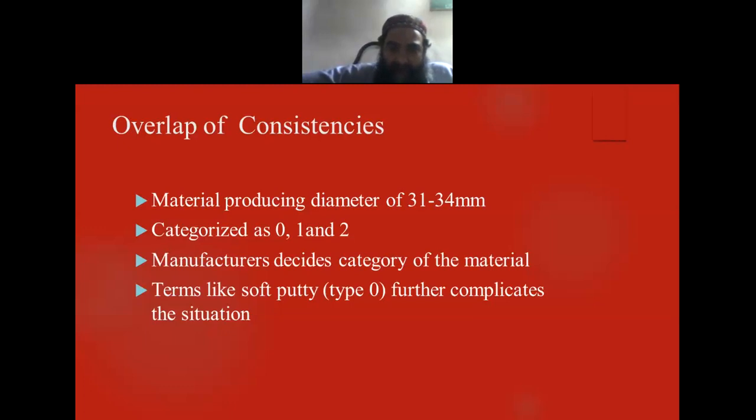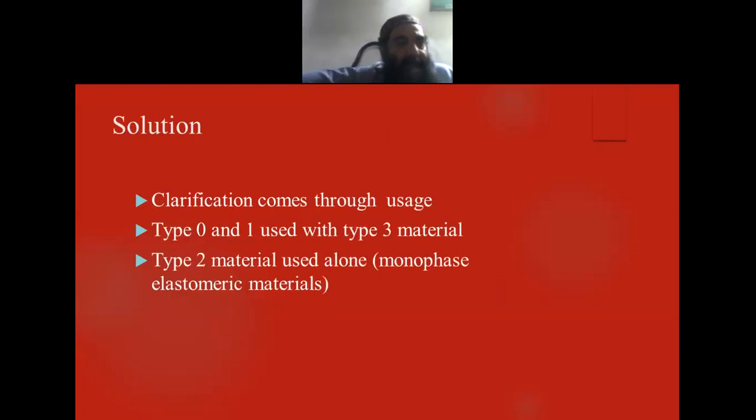Terms like soft putty type 0 further complicate this situation. Solution. And what we have to do? The solution is that clarification comes through usage. When we use them, we will be clear enough about these materials.